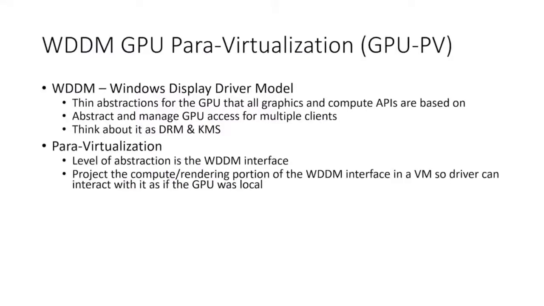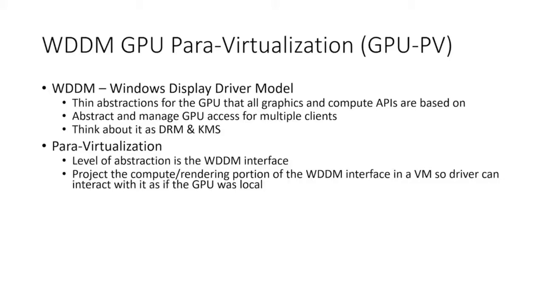Paravirtualization refers to the fact that the hardware we use isn't actually built for virtualization. We achieve virtualization through software enhancement, and the level of abstraction in our paravirtualization is the WDDM interface. We take that interface, the abstraction of the GPU on which all of our user mode drivers are built, and we project it into a virtual machine.